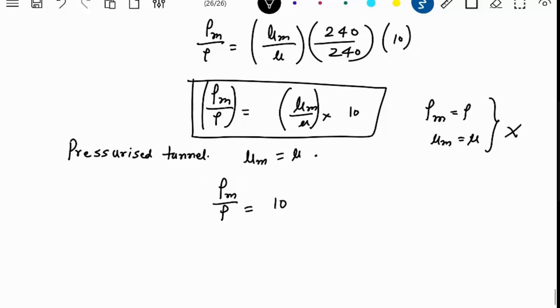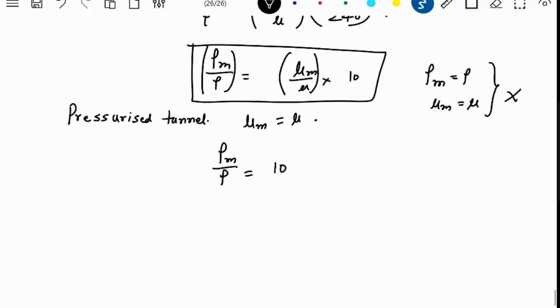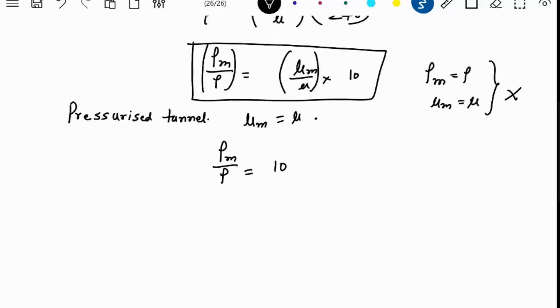This means rho m is equals to 10 times rho, and then I can use the ideal gas equation, that is Pm is equals to rho RT. Temperature is the same. So this is for the model, and this is for the prototype.